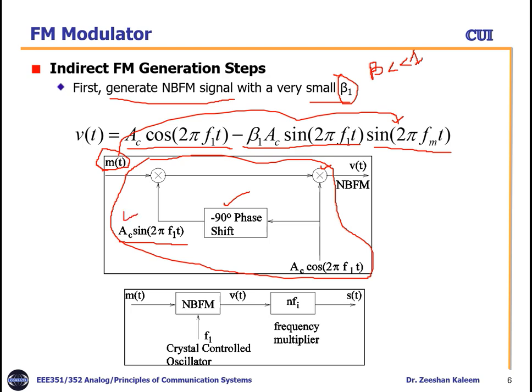So we have Ac m(t) minus beta 1, because we are subtracting here, right? At this point it will be subtracted. Ac cos 2 pi ft will come here directly, minus this one. So we will get the narrowband FM signal here, right?